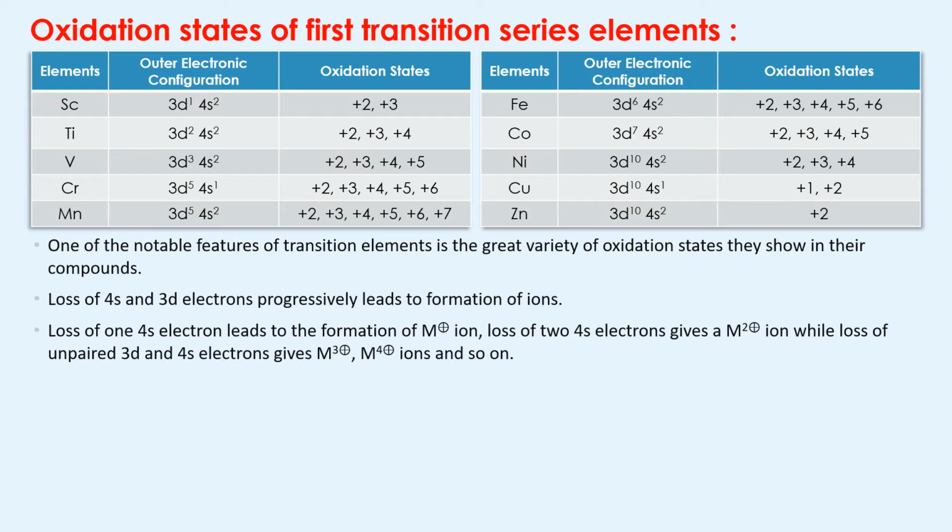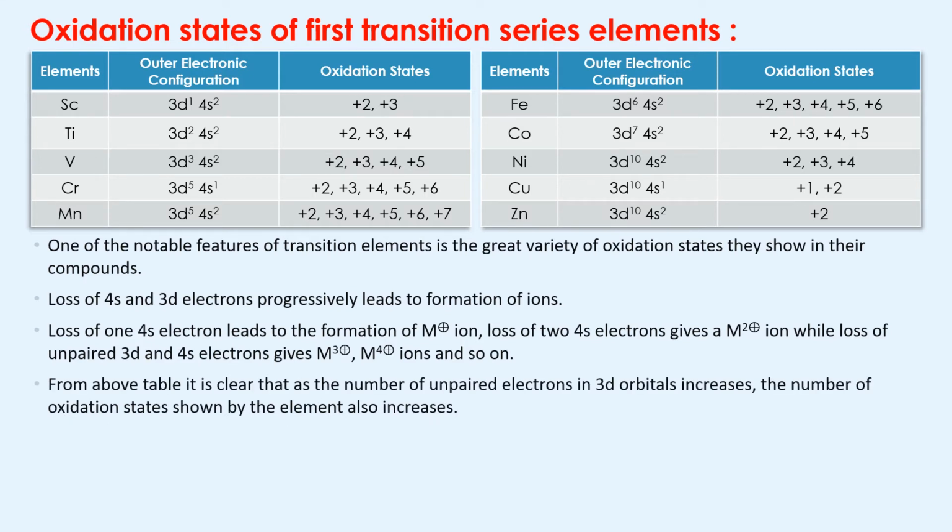When they show M2+, at that time they lose 2 electrons from 4s, while whenever they show M3+, M4+, at that time they lose electrons from the unpaired 3d and 4s electrons. So that's why they show variable oxidation states.